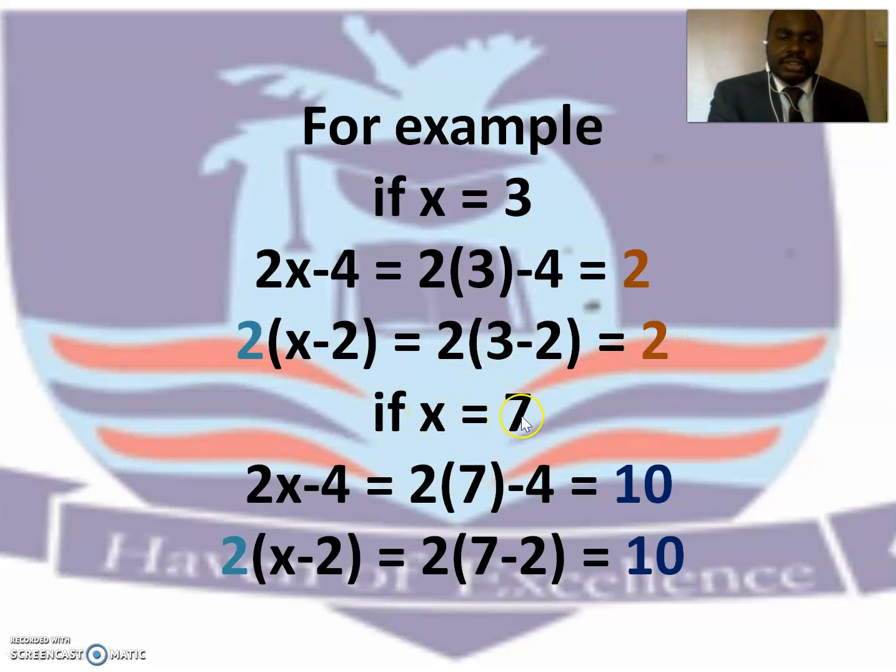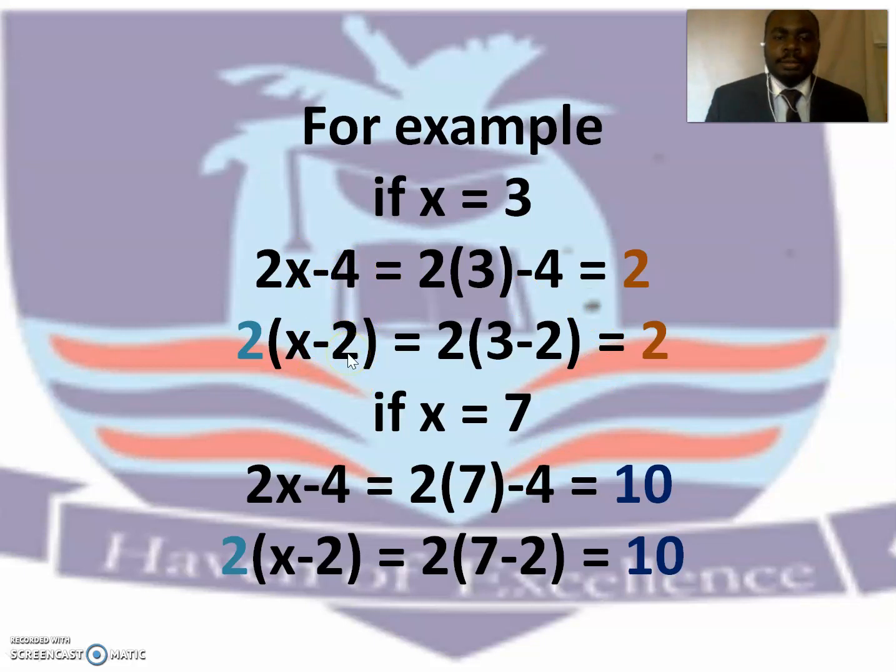What if x is equal to 7? 2 times 7 will give us 14. 14 minus 4 will give us 10. How about this? 7 minus 2 will give us 5. 5 times 2 will give us 10. So no matter which value you take for x, both of these expressions will give you the exact same value.